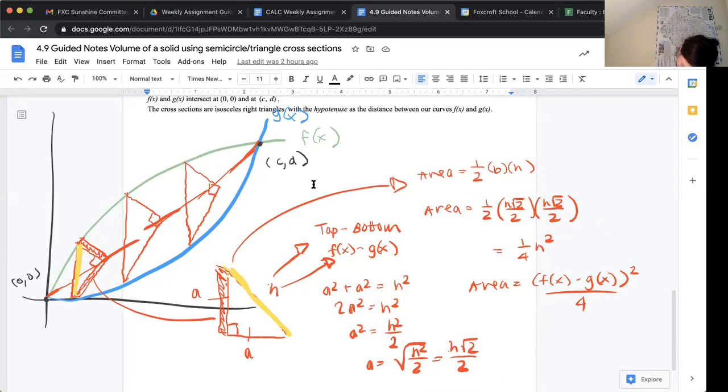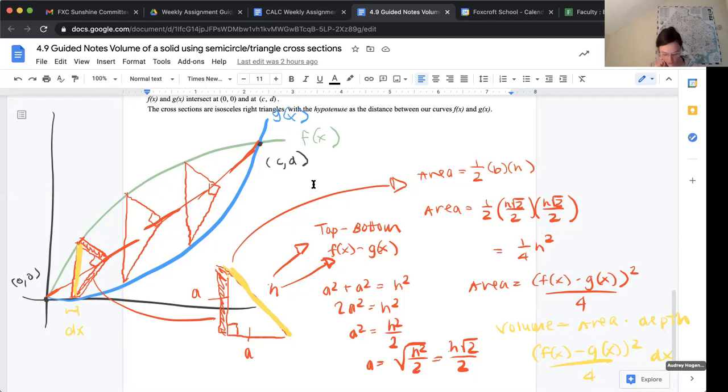So I'm going to switch colors so this is apparent. Volume equals area times depth. And we know our depth is dx, that little guy right here, dx. And so volume is f of x minus g of x, quantity squared over 4 dx.